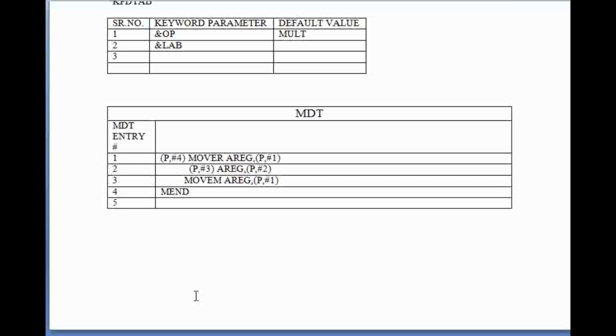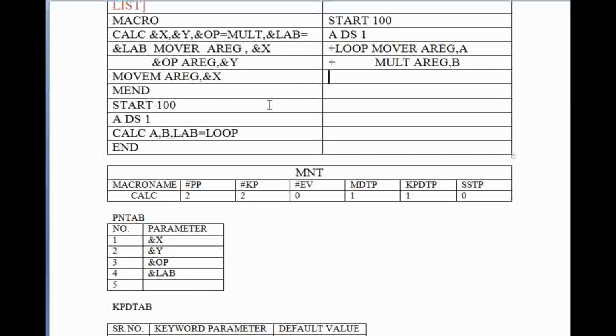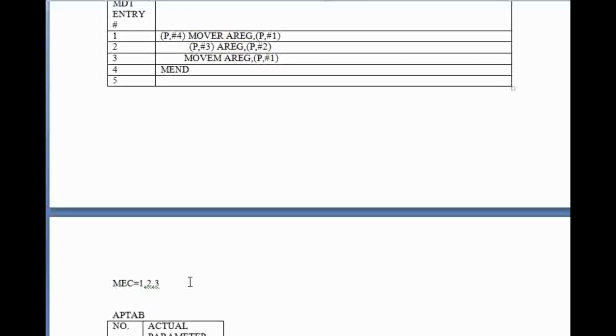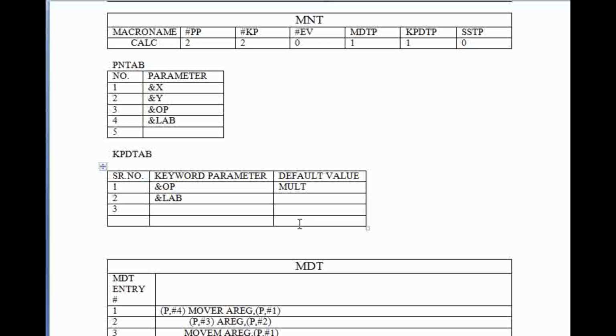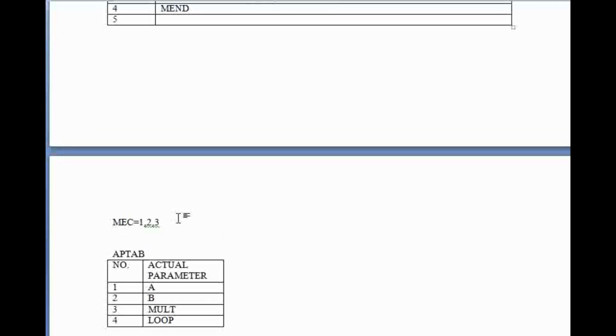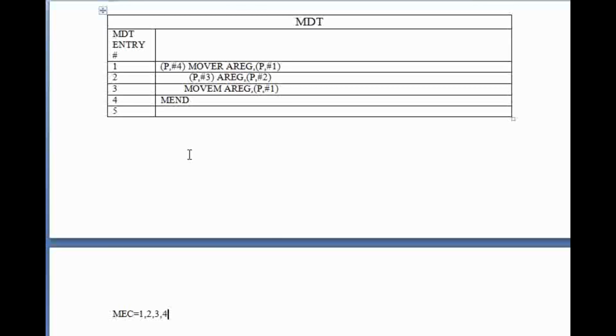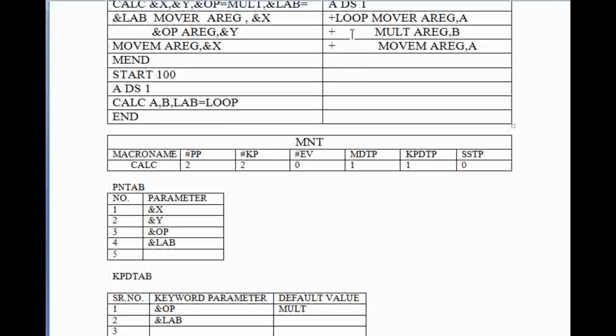P comma #1 is A, so plus, and we write move M, A register comma A. Then we increment MEC by 1, which is 4. The fourth is mend, so we stop. So the body of the macro has been written, with mend indicating the macro has ended.